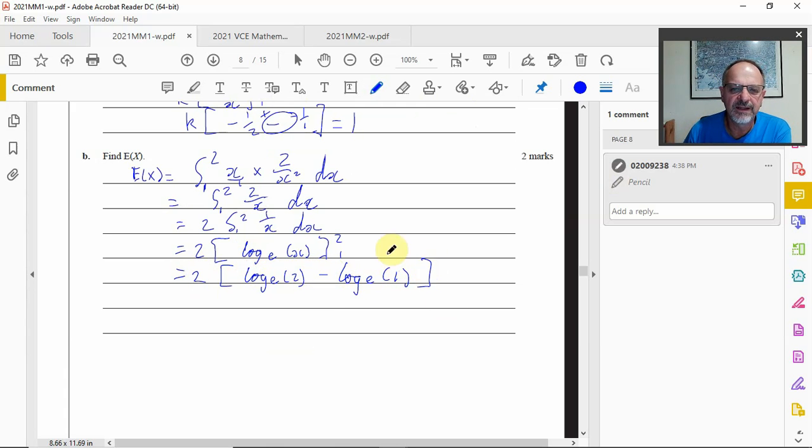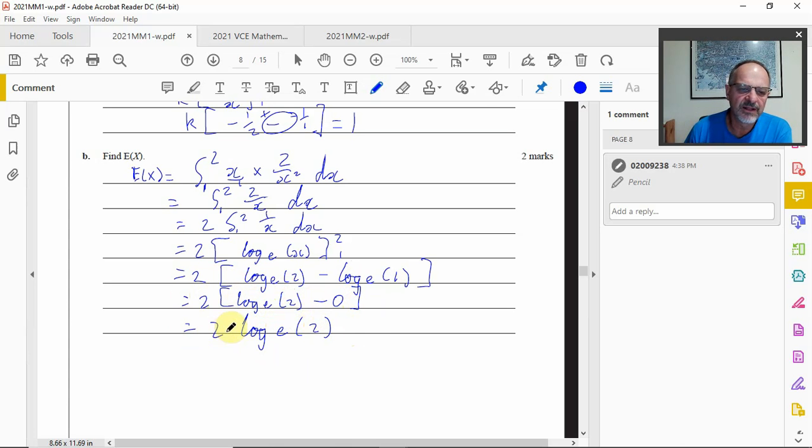Now the key thing here: log of 1, in any base, is 0. So we've got 2 log to the base e of 2 minus 0. And so that just leaves us with 2 log to the base e of 2.